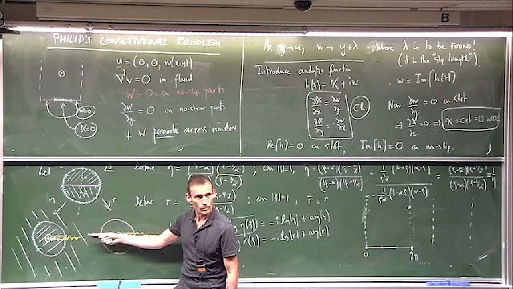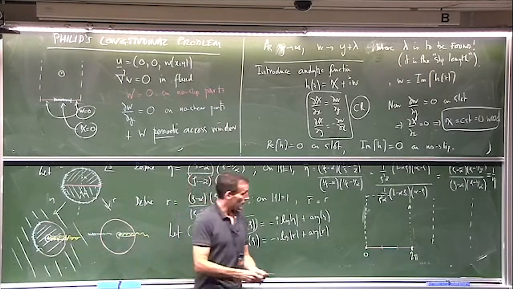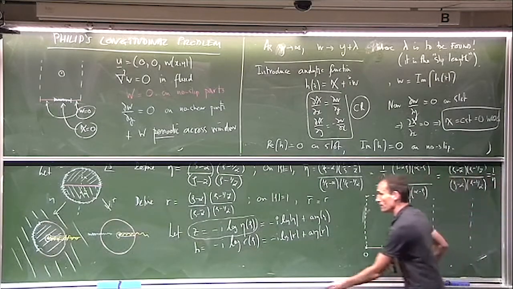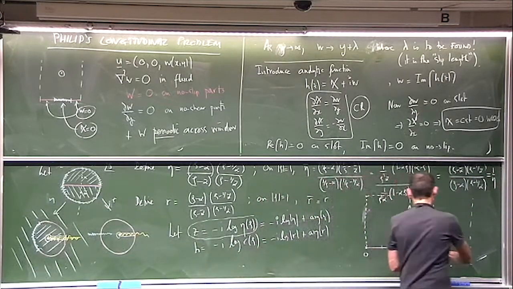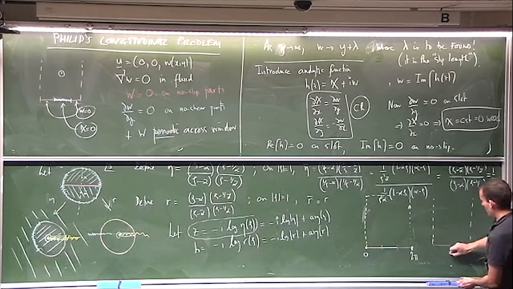Remember, everything's a conformal map. And then I come back down, and so basically what I get here is the same as before. Red. Same as before, but now it actually goes up. It goes up there and down there.